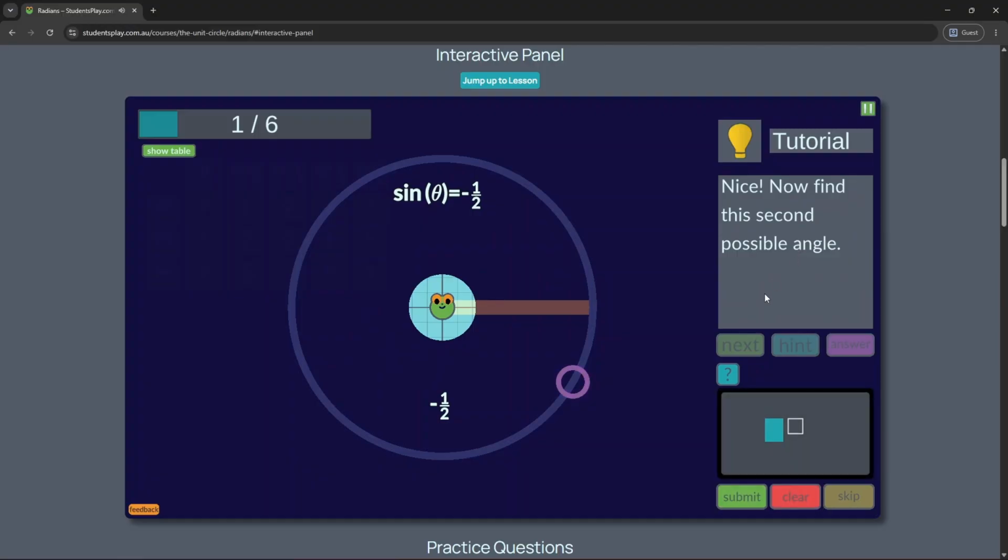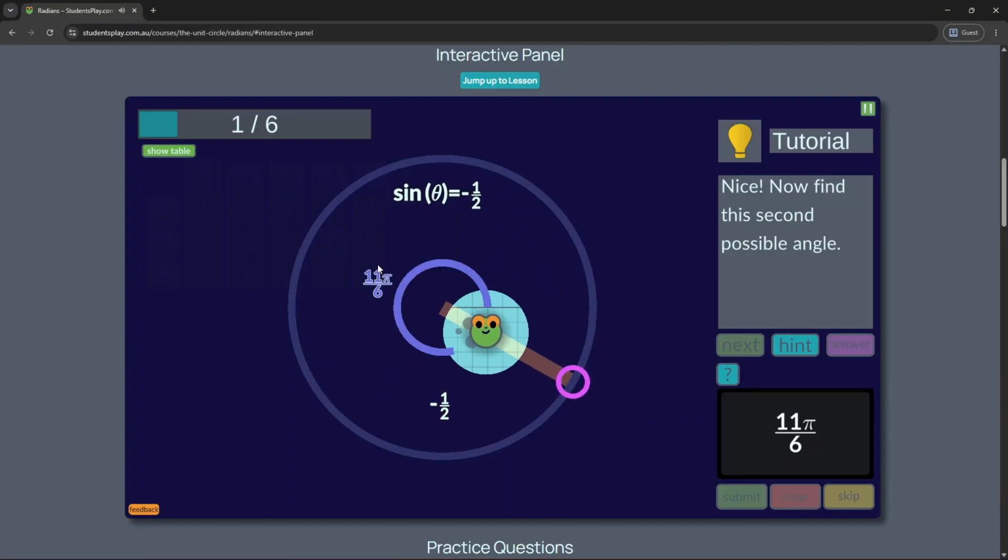Nice, now find this second possible angle. Okay, I can still count around, so we get 6 to get to here, and then 7, 8, 9, 10, 11. So 11 pi on 6. Another way we could do it is to think about this being pi on 6 in here.